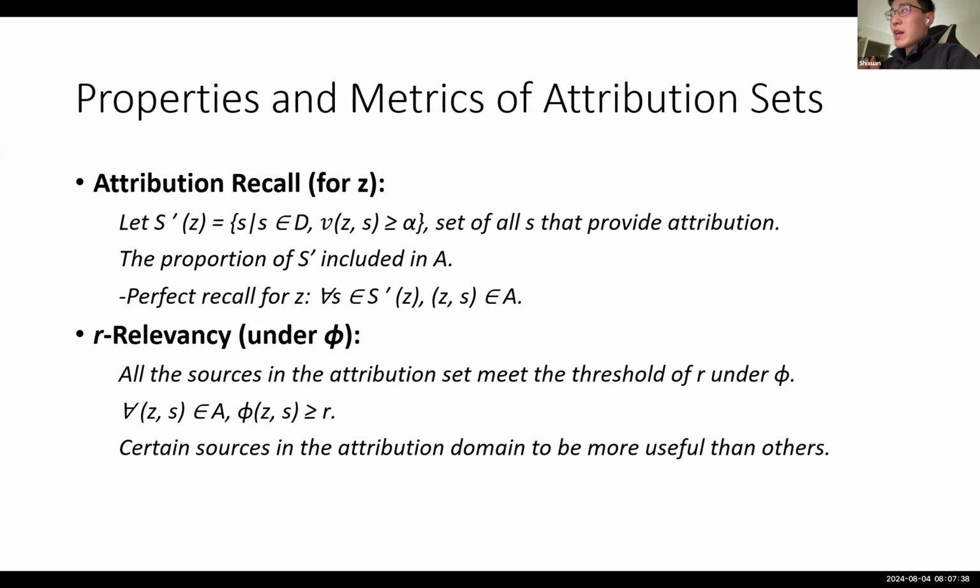Suppose we have a ground truth S prime that consists of all the sources in the attribution domain that are actually relevant to your attributable unit or your claim. Then the recall calculates the proportion of those instances that are included in your attribution set.